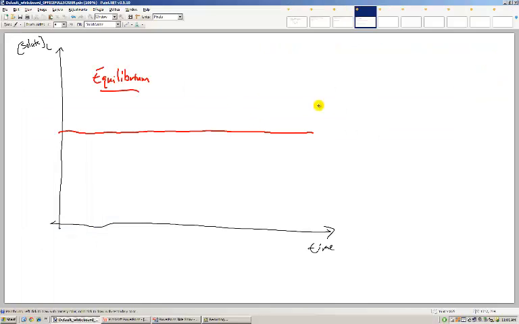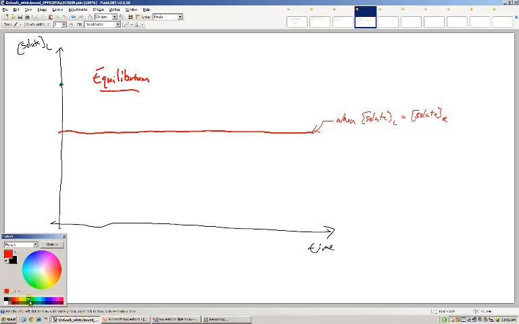Going back to our graph, if we let this process continue, this was the curve when the solute concentrations are equal. Now, we'll say concentrations are unequal.